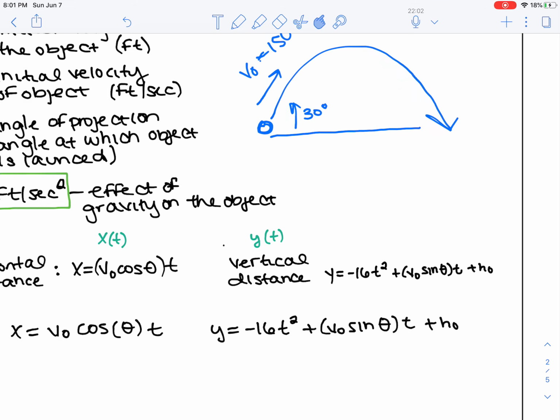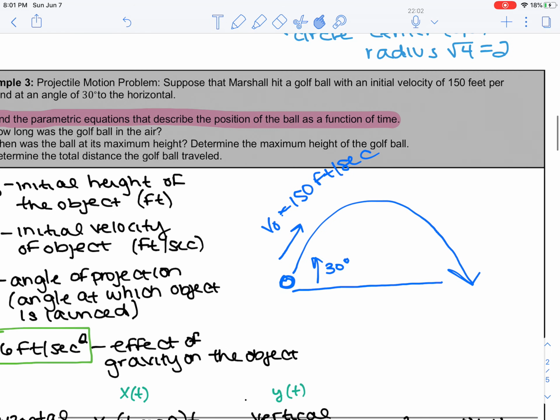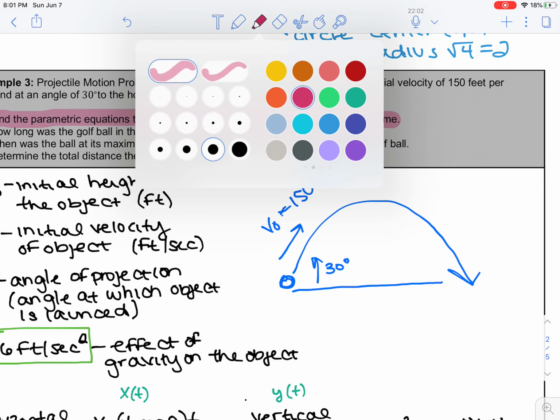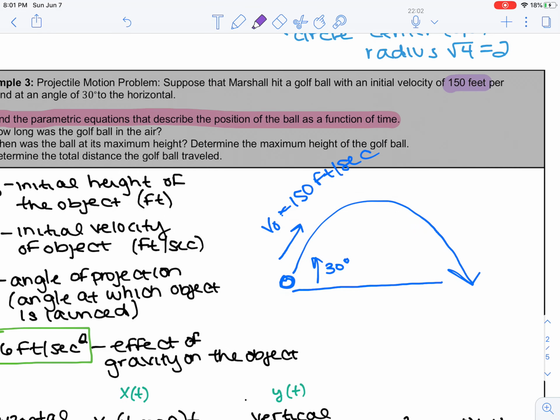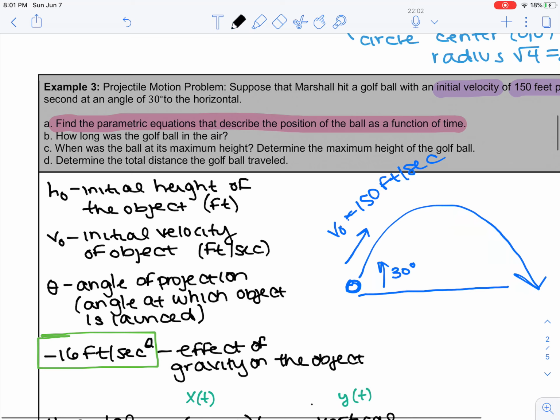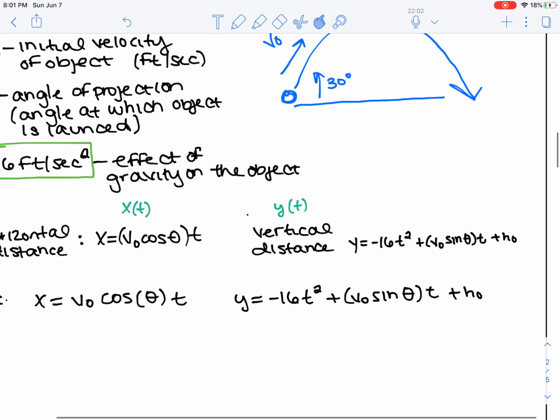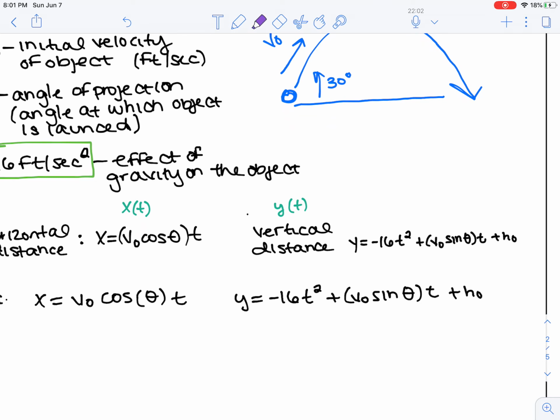So as a reminder, we read up here that we're given our initial velocity of 150 feet per second, okay? So we can plug that in to the appropriate places in our equations, right? In our x of t equation, that'll be our coefficient to cosine, and in our y of t equation, that'll be our coefficient to sine.